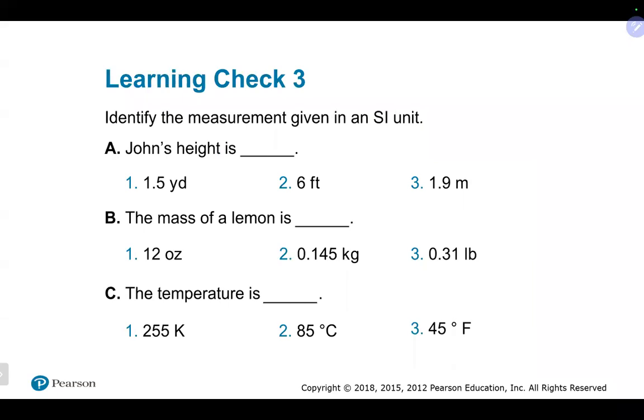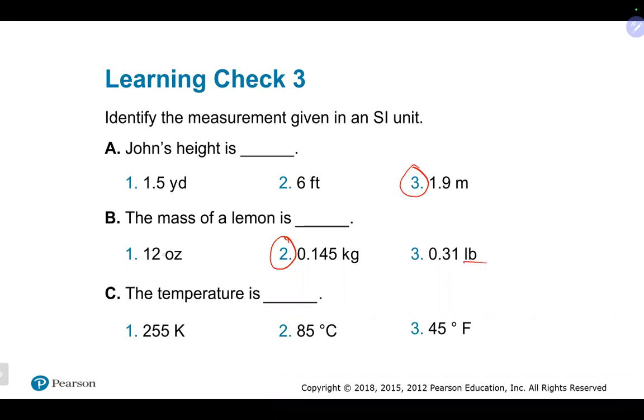All right, so we're looking for our SI unit here. We're looking at height, which is really a length measurement. Which one of these should be the SI unit? Should be 3, right? Meters would be the SI unit. Feet and yard would be more of an English sort of unit. The mass here would be kilograms, right?